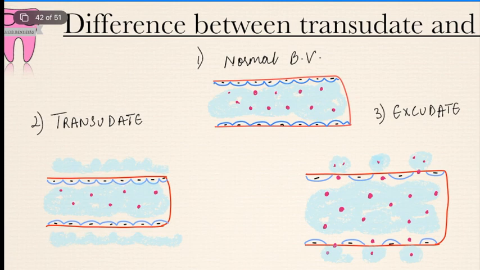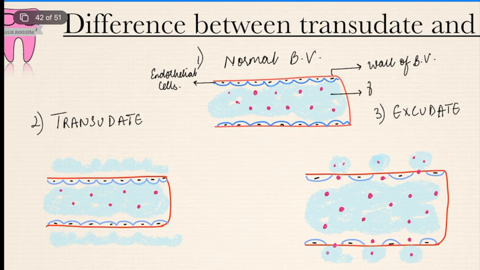So in the first diagram, this is the wall of blood vessels or capillaries. These are endothelial cells, and this is fluid present within the blood along with its proteins.